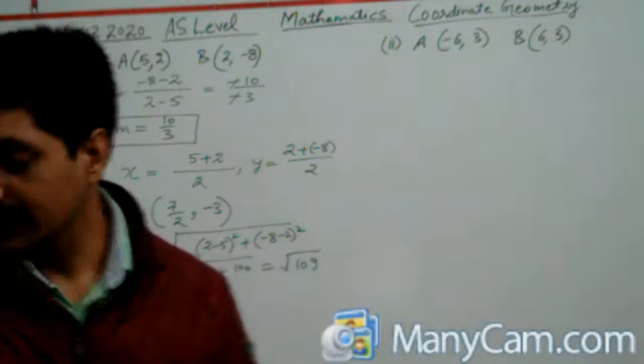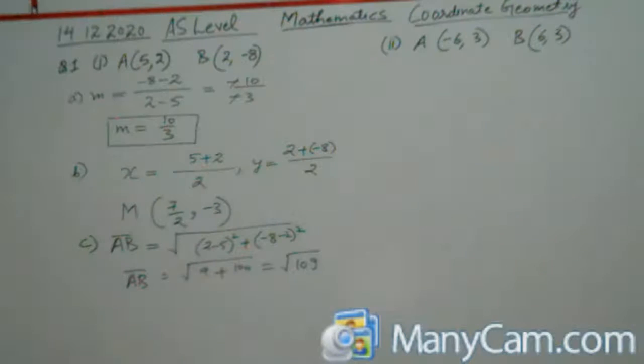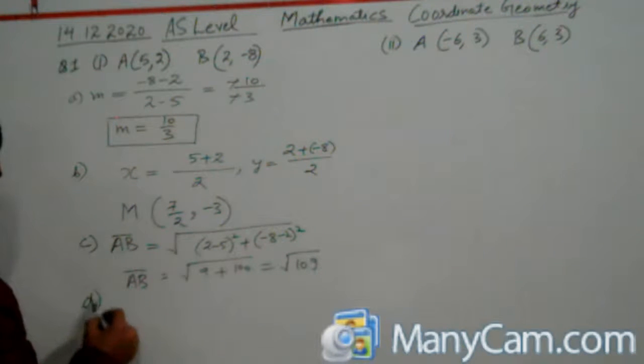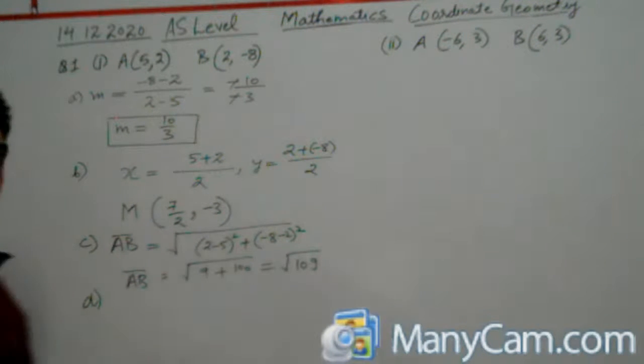And last, they have asked the gradient of the line which is perpendicular to AB. See the last part, we know the gradients satisfy m1 into m2 equals minus 1.